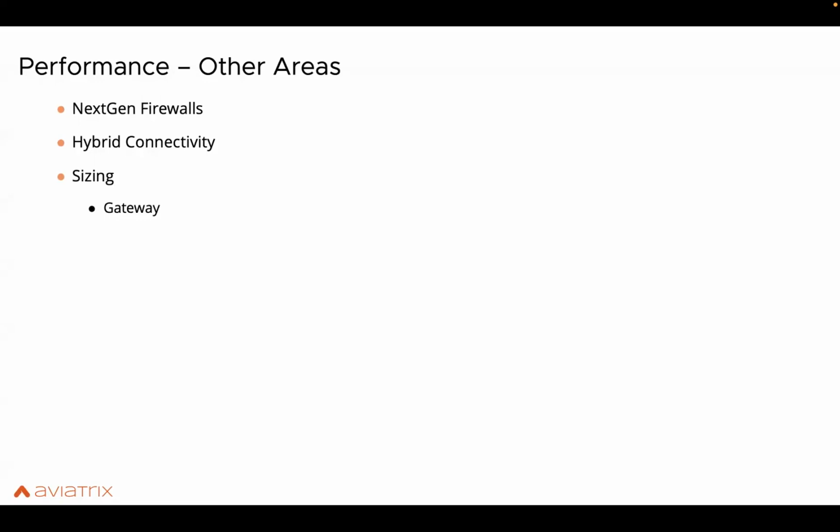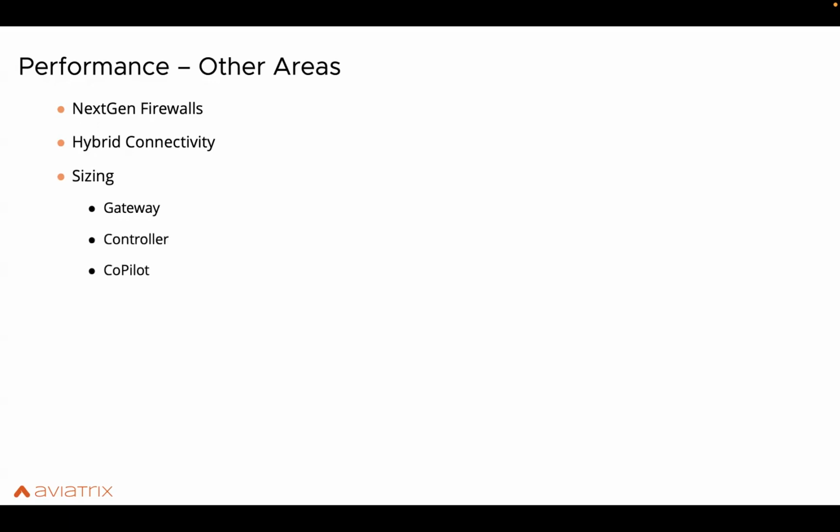For example, if the technical requirement is to provide 5 gigs of throughput from a virtual cloud network, then are you going to use a gateway size that is capable of providing you 5 gigs of throughput or 2.5 gigs of throughput? Because in every single virtual cloud network, we have 2 Aviatrix gateways. So this is another important area which we will have to consider.